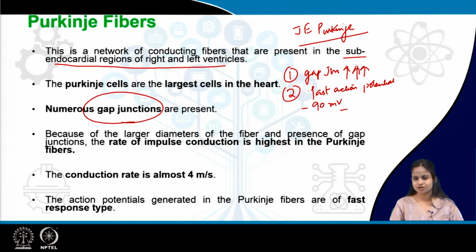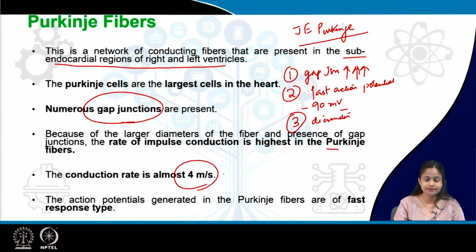So this action potential will be fast, which is usually carried out by the sodium influx. And the third point is the diameter of the Purkinje fibers, which is large. What we had seen in the AV node, it was small. Since the diameter of the Purkinje fibers is large, there will be less resistance to the flow, so the rate of impulse conduction is quite high in the Purkinje fibers.